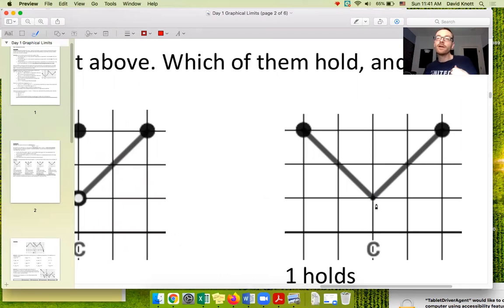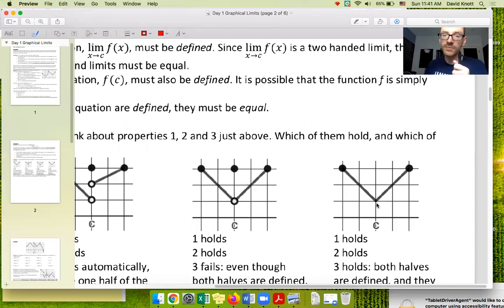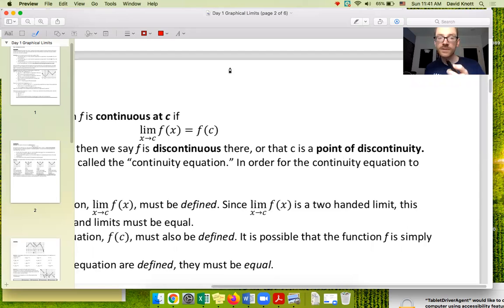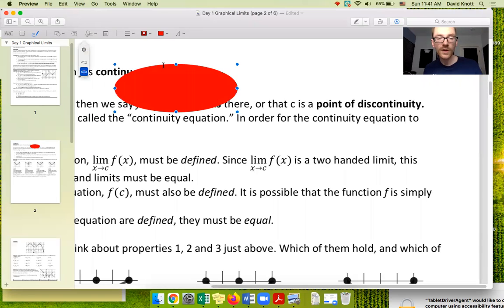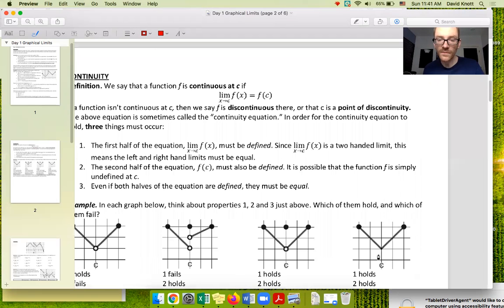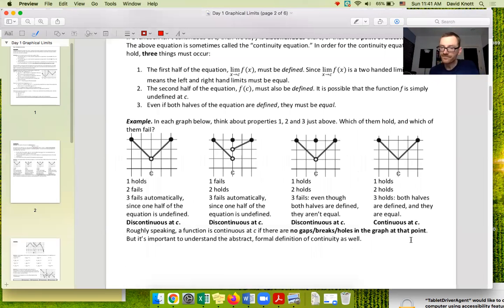And so in addition to both sides being defined, they are in fact equal to each other, which means that yes, this equation is actually true, which means, as we expected, this function is actually continuous at c. So as I said, being continuous at a point simply means no gaps, no breaks in the graph.